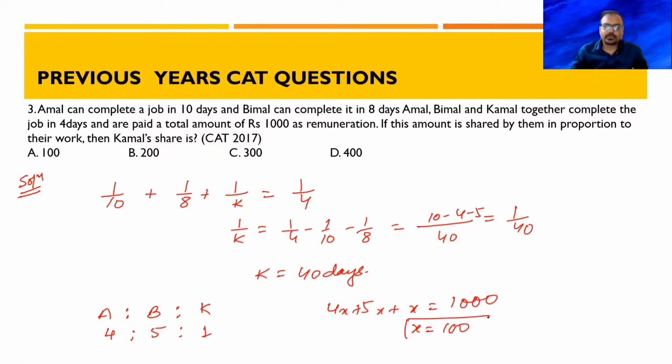So what is the amount received by Kamal? That is x, which is 100 rupees. So answer of question number 3 is option A, that is 100.